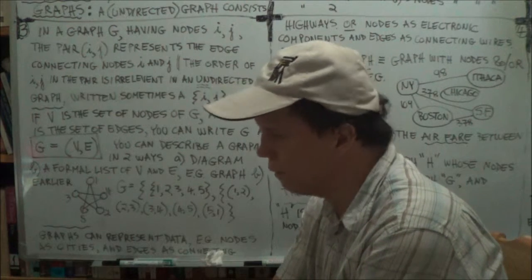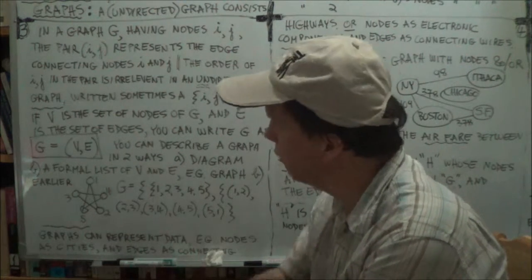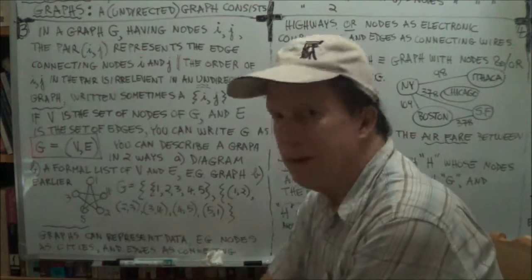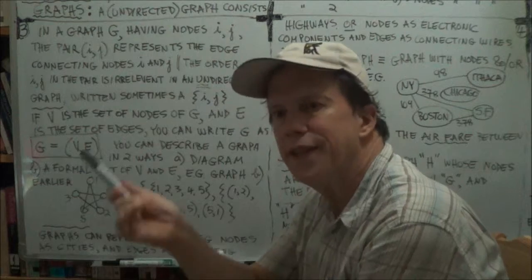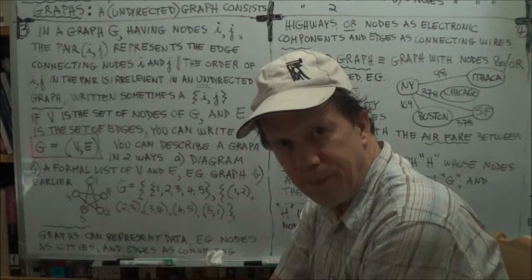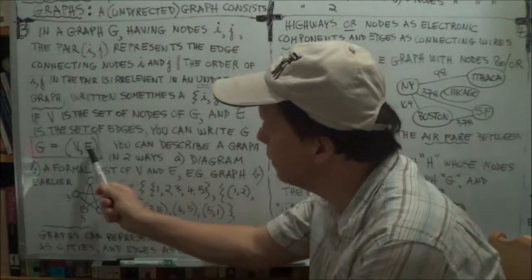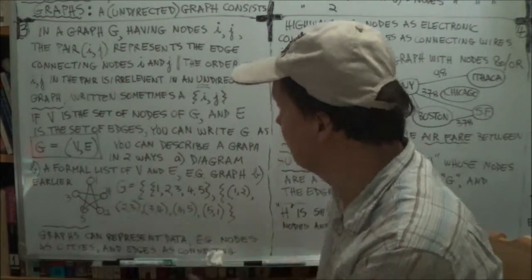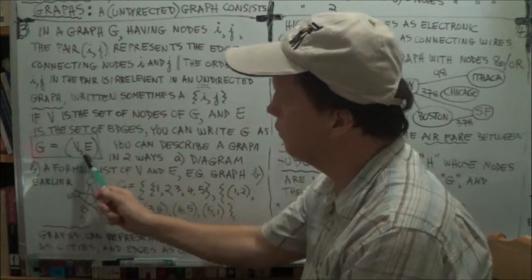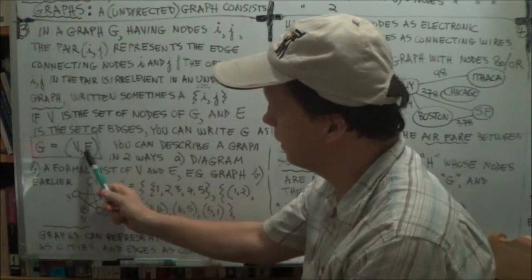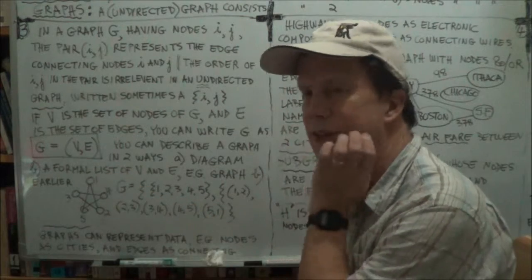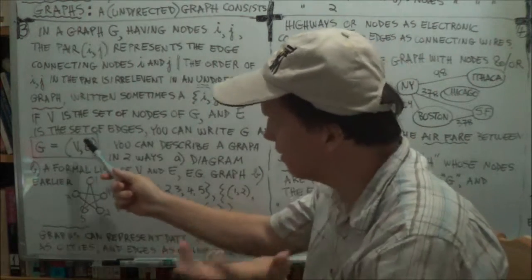And you can probably guess what the E is. E is the second set in your set of sets. This E here is the set of the edges of your graph. E for edge, obviously. So you can represent your graph in this form as a set of two sets. Maybe you're wondering, why not a wiggly bracket as a set? Good question. Anyway, that's done in the text.